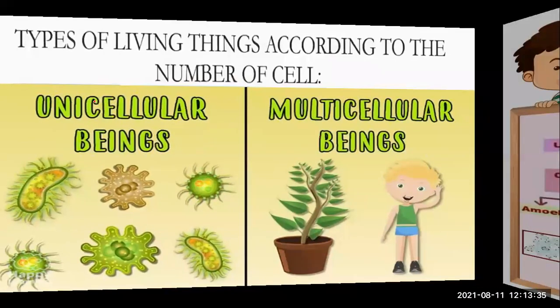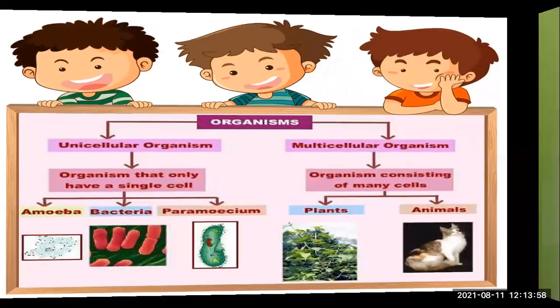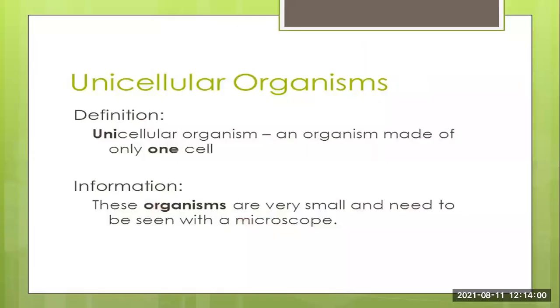Okay. So the unicellular organisms are those organisms they have only single cell in their body. That single cell is their body basically. And the organisms which are having many cells are called multicellular organisms.